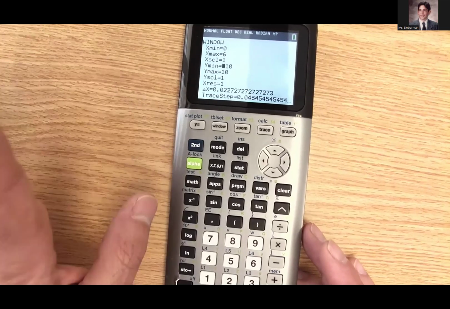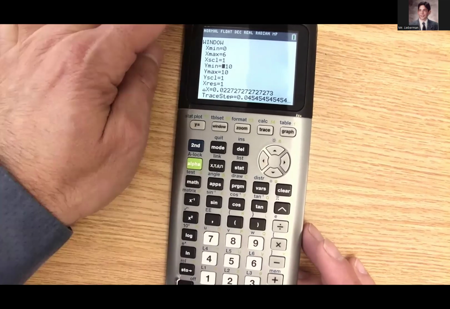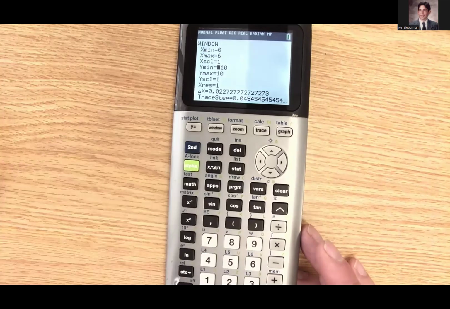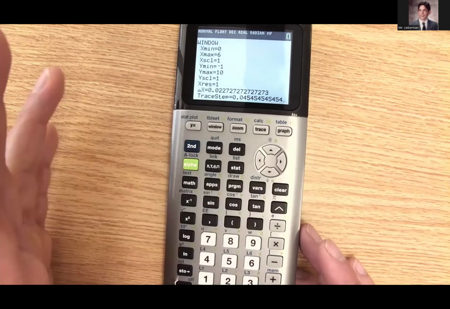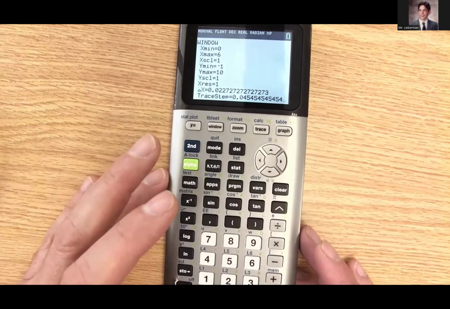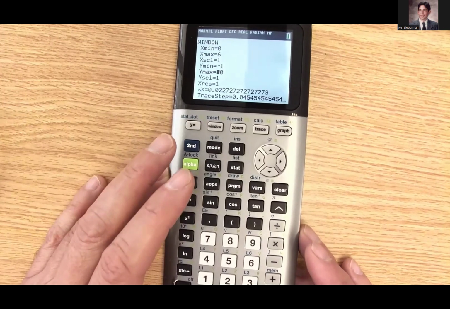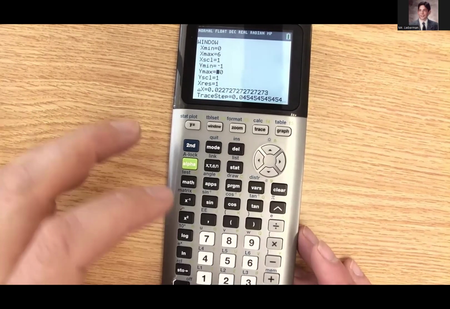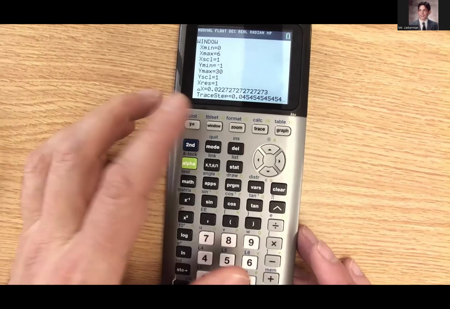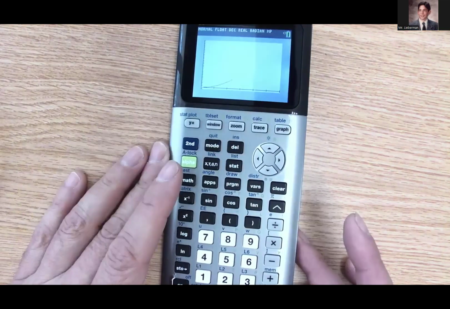Oh, sorry, Y min. I like to have a little bit of a border, so 0 is fine, but I'm going to put -1. I wouldn't judge you if you put 0 there. If you put 2, I'd be a little concerned about what's going on. But the Y max: we know that at 5 it goes up to 25, so something about 30. 30 seems like a nice round number. Okay, so now let's graph it, and we're set up to see it.